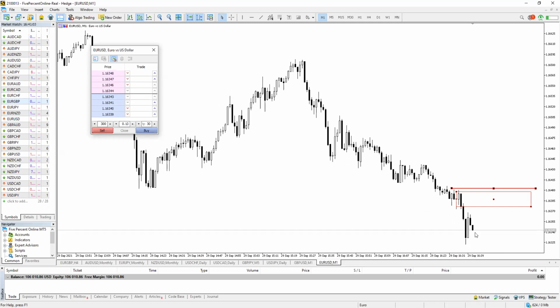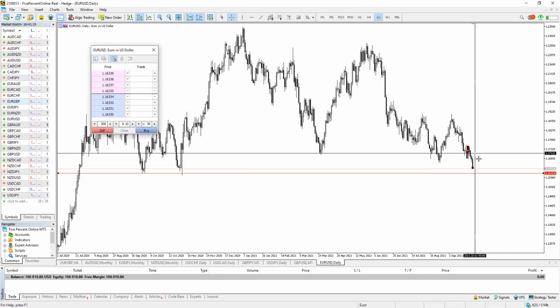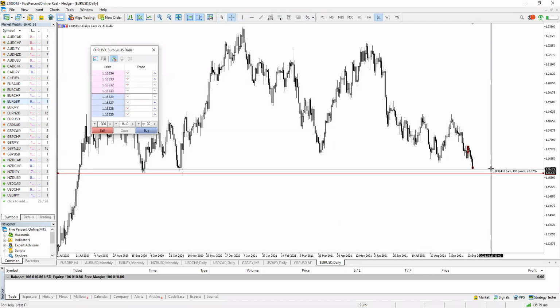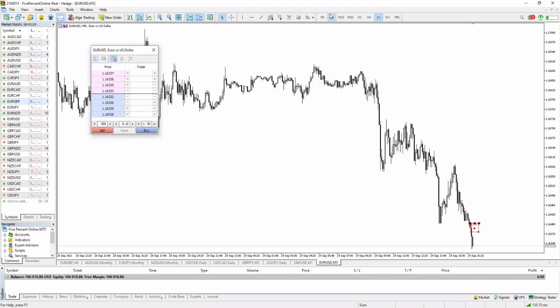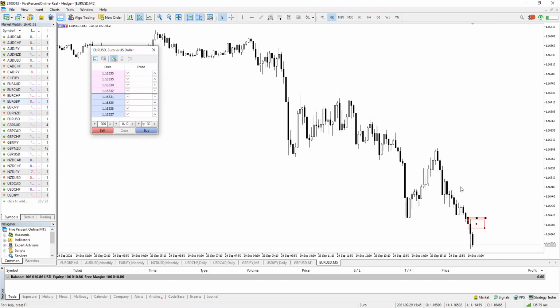Of course, if price ever goes there. Now, if price on the 5-minute chart just continues going lower in that way, this movement is already overextended.